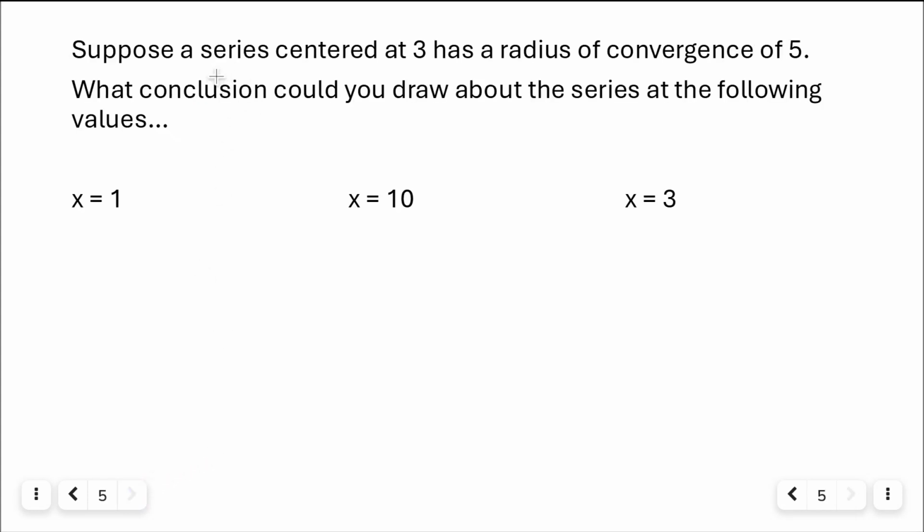Okay, so suppose a series that's centered at 3 has a radius of convergence of 5. What conclusions can we draw about the series at the following values? All right, so now, just so that we understand, the radius of convergence is the distance away, how far away from the center the series will converge.